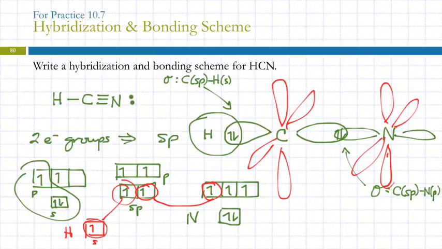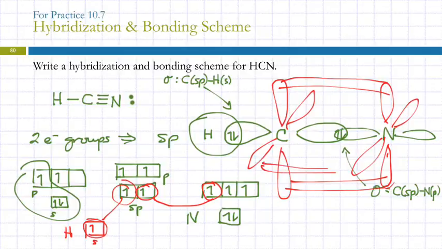These other two p orbitals, one up and down, and then one in and out of the plane of the screen, are going to overlap side to side. So there's one overlap, and then these are going to overlap. Both of those are pi bonds, and they're pi bonds between p orbitals on the carbon and p orbitals on the nitrogen.